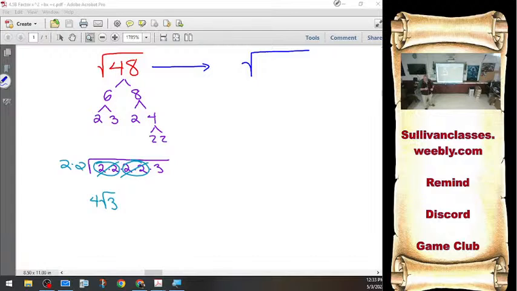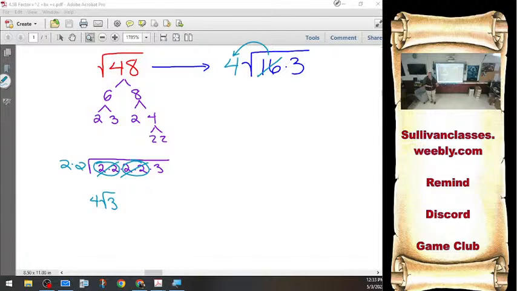No. Is 48 divisible by 25? No. Is it divisible by 16? Yeah. So I can rewrite it as 16 times 3. That makes 48. And then the square root of 16 is just 4. So these were our two methods.